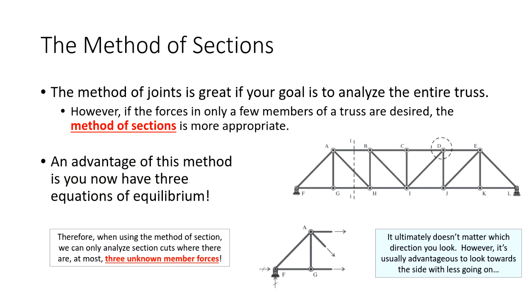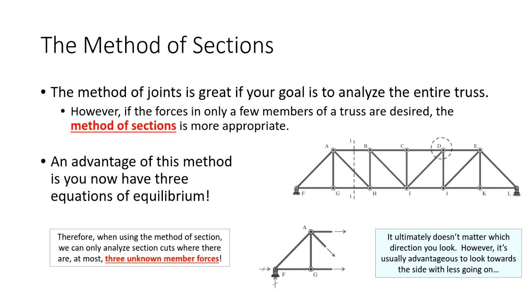Now, when you're using the method of sections, you have a similar limit. So when you did method of joints, remember, when you start planning out your method of joints analysis, you can only analyze a joint that has at most two unknowns because you only have two equations of equilibrium. So with the method of sections, you can only analyze the section cut where there are at most three unknown forces.